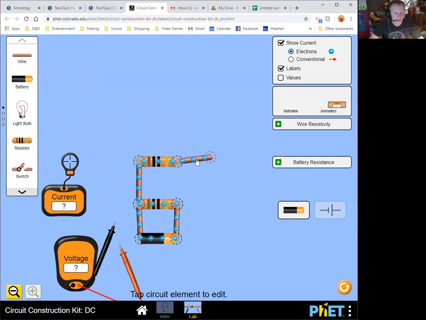There and there. Now we can see electrons are flowing in different paths. They come out of the battery, they come up here. Some are going through our first resistor, some are continuing on through our second resistor. Then they come back down and recombine and go back into the battery.